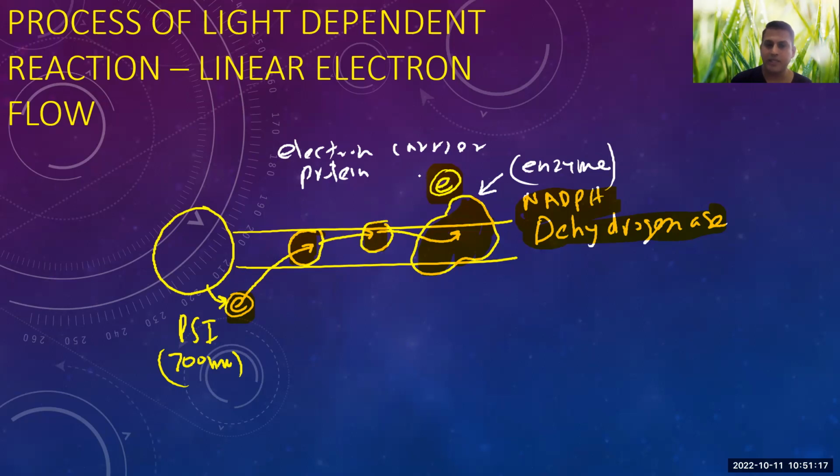The reaction involves this electron, a proton or hydrogen ion, plus a molecule called NADP plus: nicotinamide adenine dinucleotide phosphate.